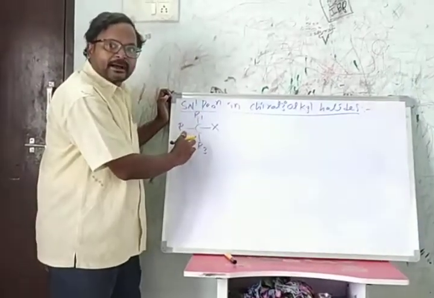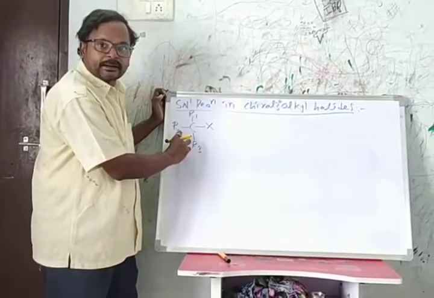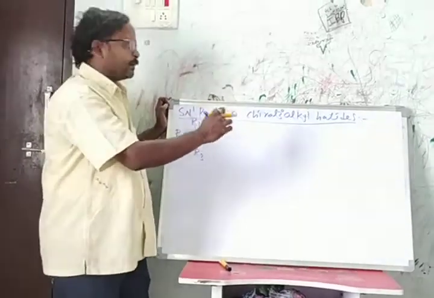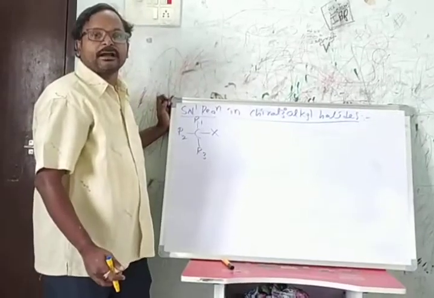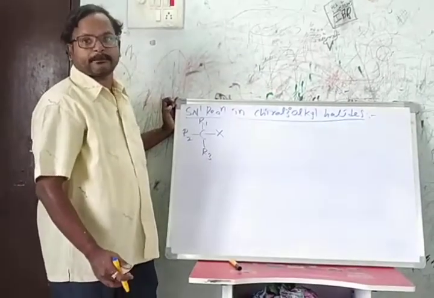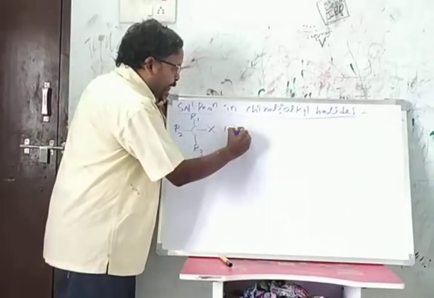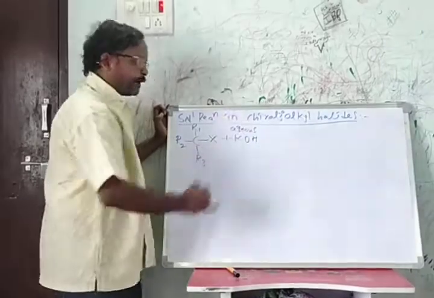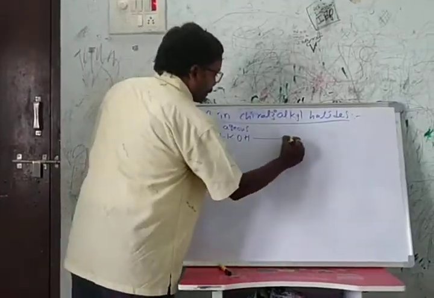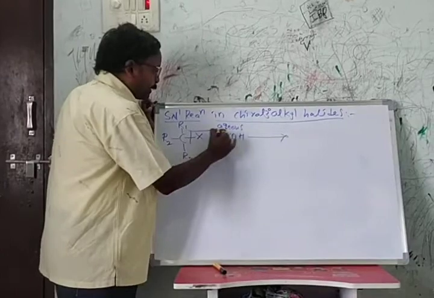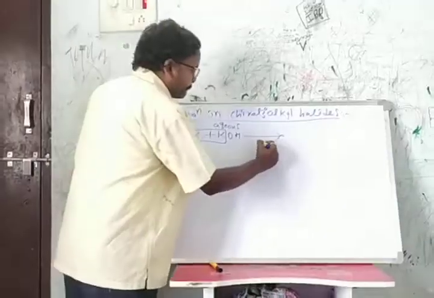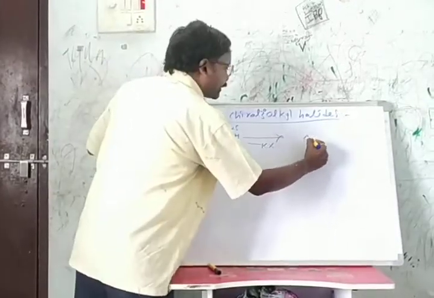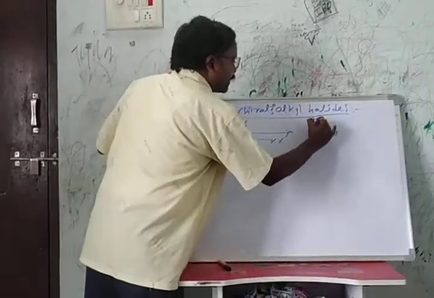The alkaline hydrolysis of chiral tertiary alkyl halide in the presence of aqueous potassium hydroxide forms a tertiary butyl alcohol racemic mixture. When this molecule reacts with aqueous potassium hydroxide, what happens here? It loses the KX molecule and forms a racemic mixture of tertiary butyl alcohol.